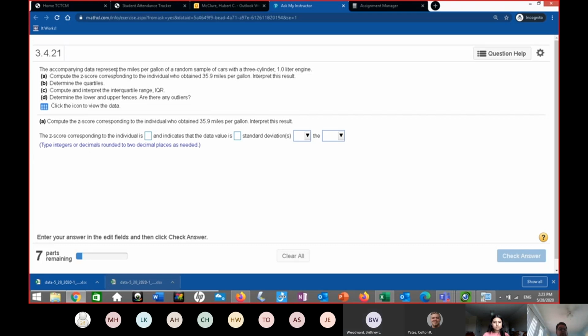The accompanying data represents the miles per gallon of a random sample of cars with a 3-cylinder 1-liter engine. Compute the Z-score corresponding to the individual who obtained 35.9 miles per gallon. Interpret the result. Determine the quartiles, blah, blah, blah.